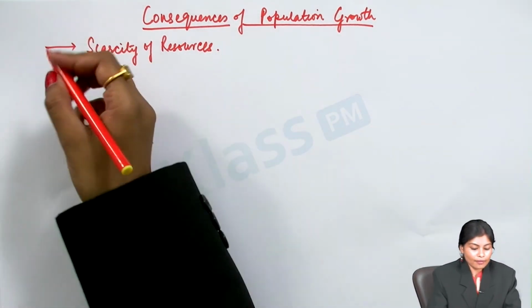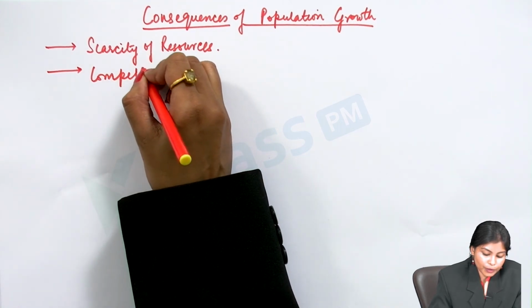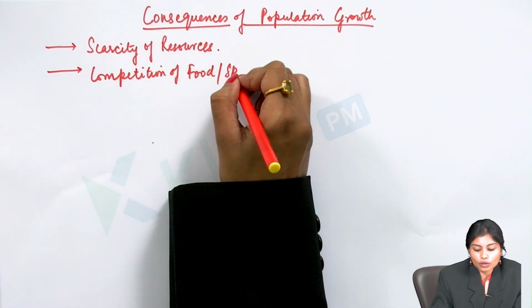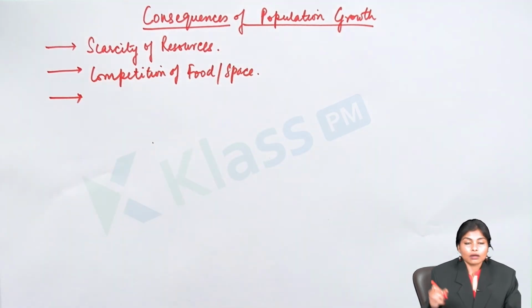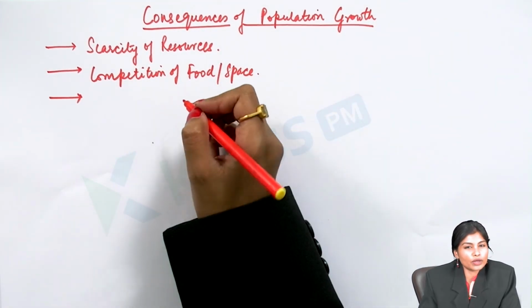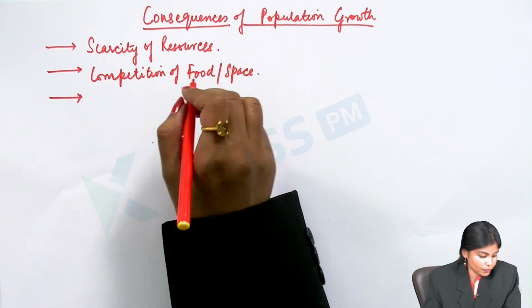Okay, you will have a scarcity of resources. Next is, there will be complete competition for food and space, because you all know that within a specified place we are trying to accommodate more and more people, and then we have to provide food and all for all of them, right?